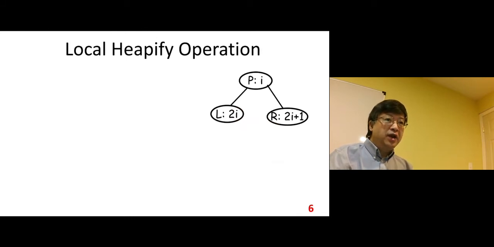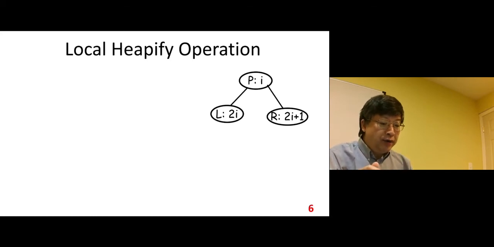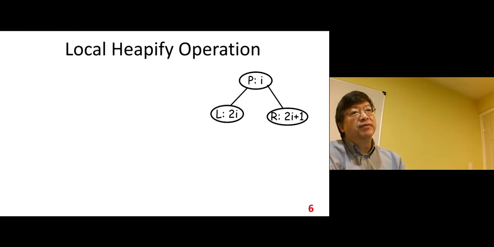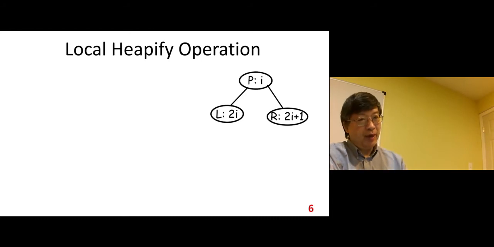Next, let's look at the details of this operation. We call it the local heapify operation. Heapify operation: make it a heap. So we write a pseudocode to do the things we described in our previous slide.